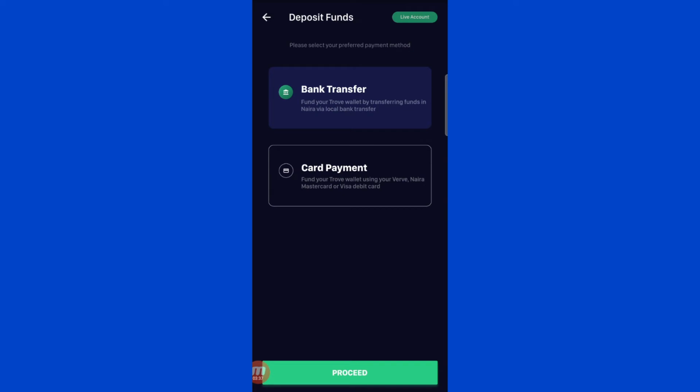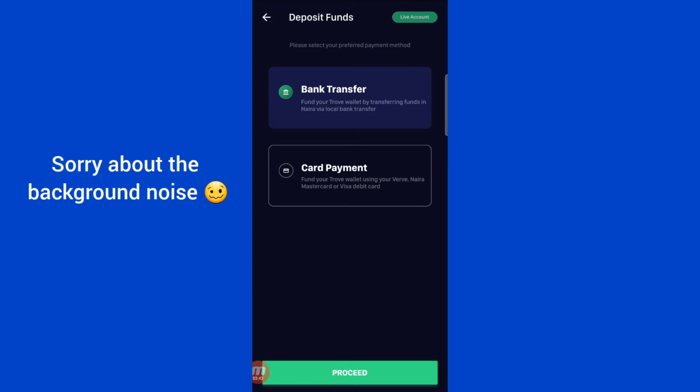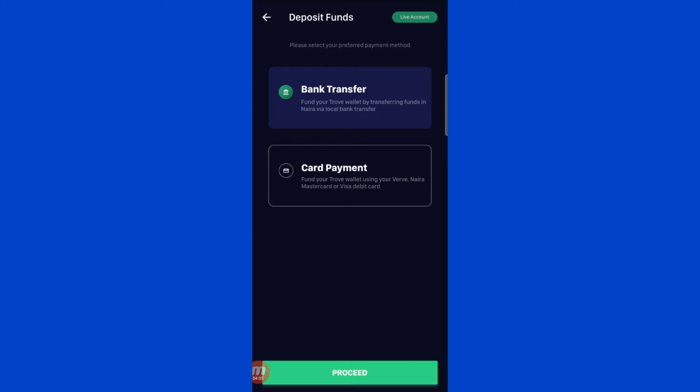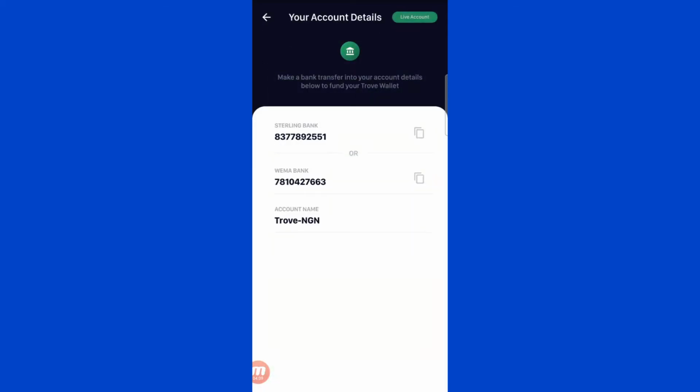Okay, there are two ways to deposit money to your Trove wallet, and that's through bank transfer or card wallet. We've chosen bank transfer, so we're just going to click on proceed here, and what pops up is the Trove bank account, and you can just go ahead and fund whatever amount you actually have intended to fund, of course.